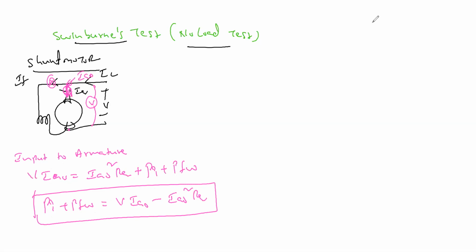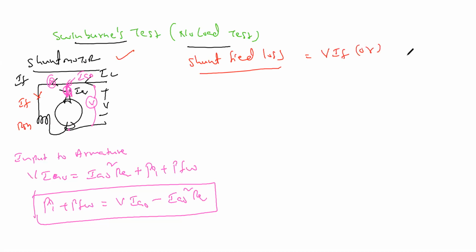There is one more constant loss, शंट वाइंडिंग में और शंट मोटर में, इसका करंट भी पता चला हमको. This is RSH. So shunt field losses also, either you can calculate V into IF or IF square RSH. So ये भी constant है.